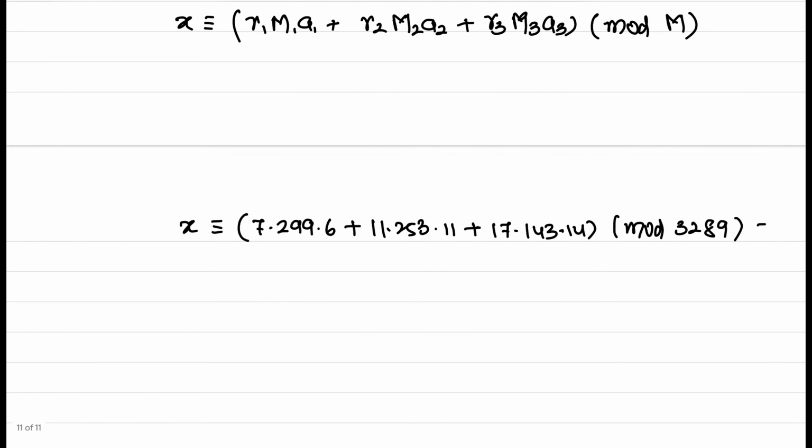When you calculate this value, X is equivalent to 77205 mod 3289.